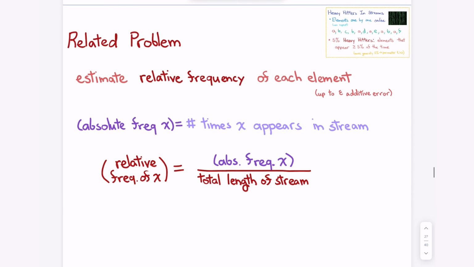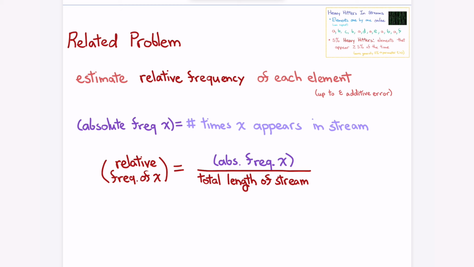I'm going to switch the problem just a little bit. We're not going to directly work on heavy hitters, although we can come back to this point if time permits, and turn it into a frequency estimation problem. Let me define some terms. An element appears several times in the stream, or maybe just once or none at all. The total number of times it appears we'll call the absolute frequency, and divided by the length of the stream, we'll call the relative frequency.